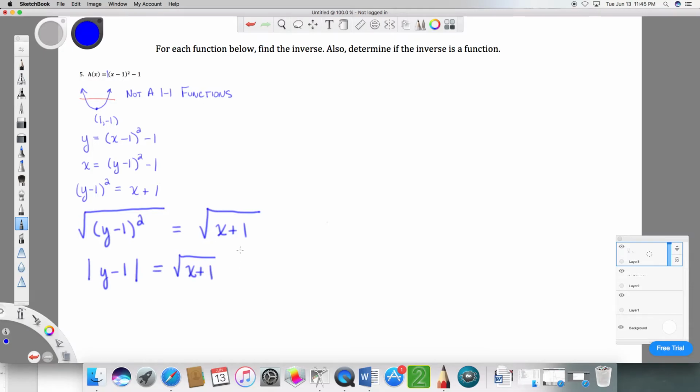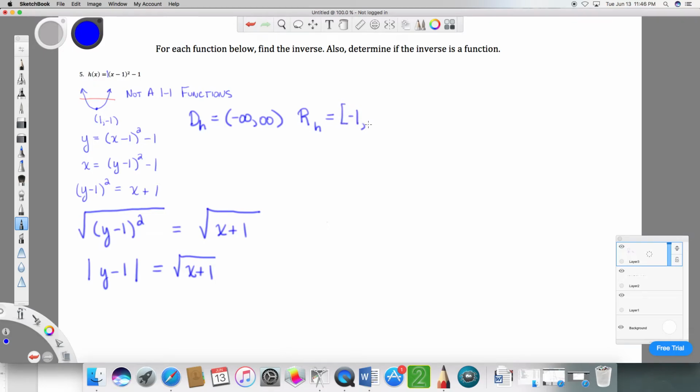So if we return back to where we recognized the coordinates of the vertex, the original function h has a domain of all real numbers, and it has a range that was from -1 up to positive infinity.